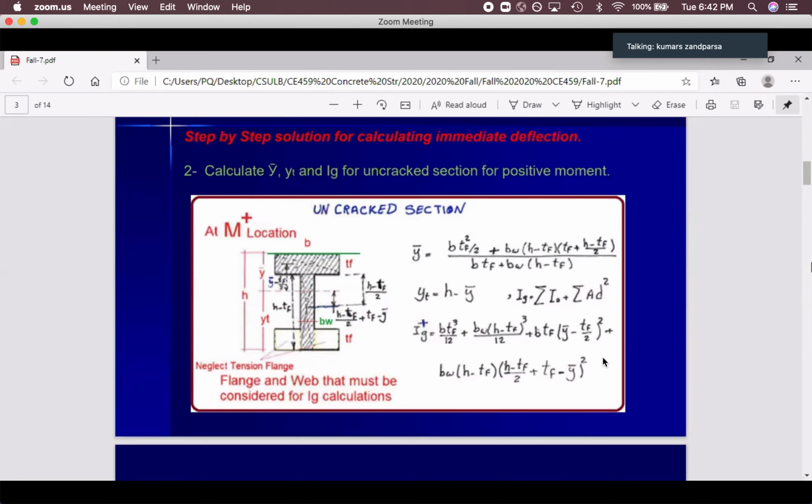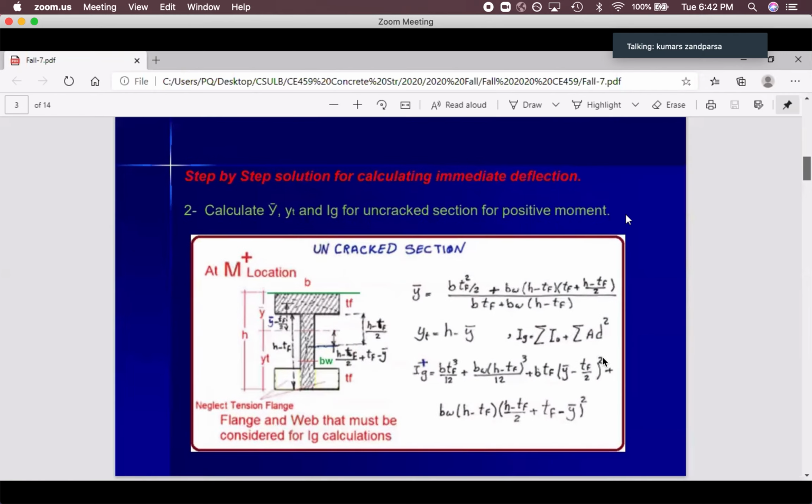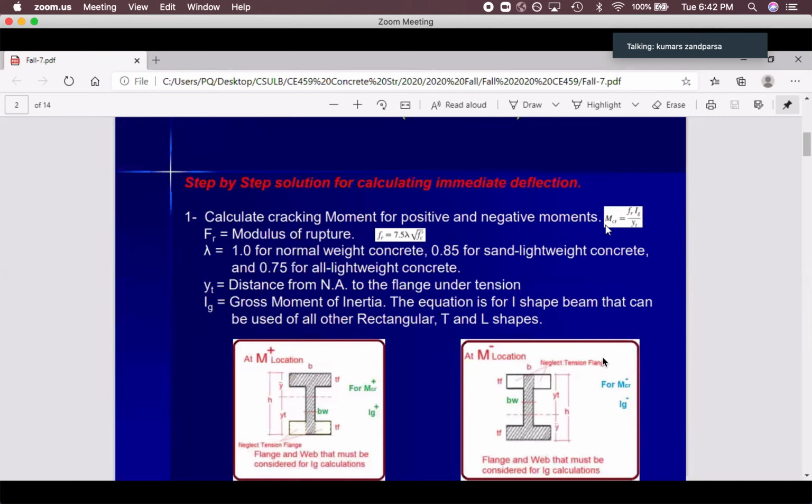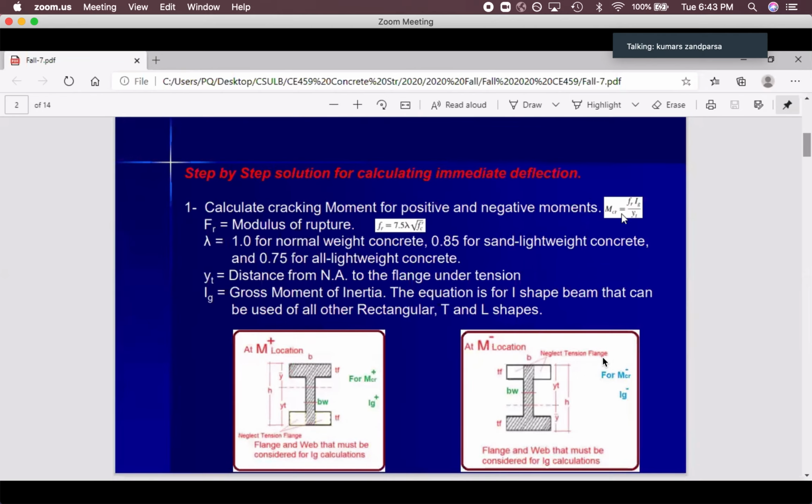So how can you find this? You find yt and Ig. Go to this equation, M crack is equal to fr Ig over yt. Can you remember? I mentioned to go with Ig positive, yt positive, and you calculate them. You calculate y bar, then yt for positive and Ig for positive. Plug them into this equation, and you can find M crack for positive. That's it. Did I give you the answer? Okay, I missed that. Thank you.